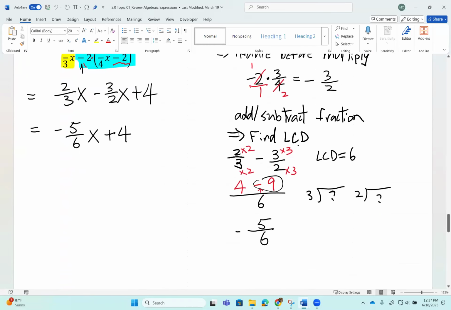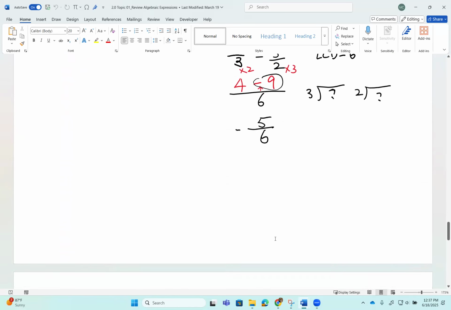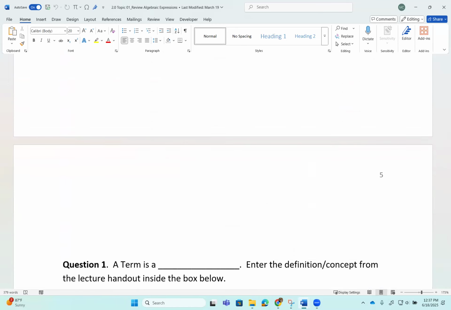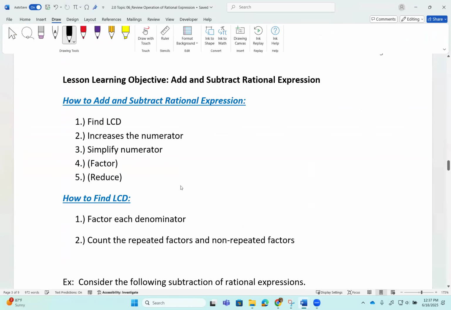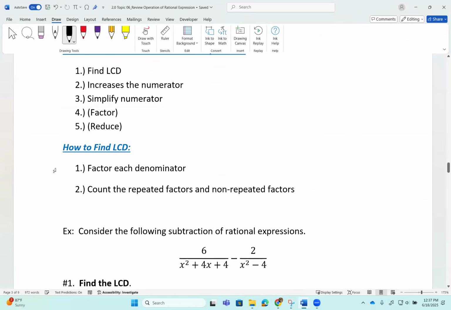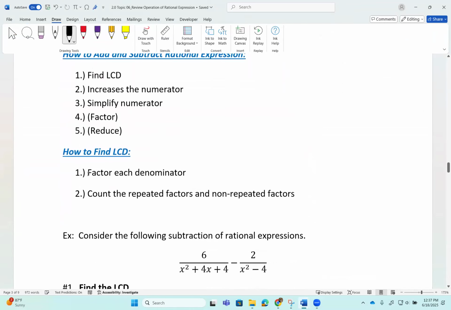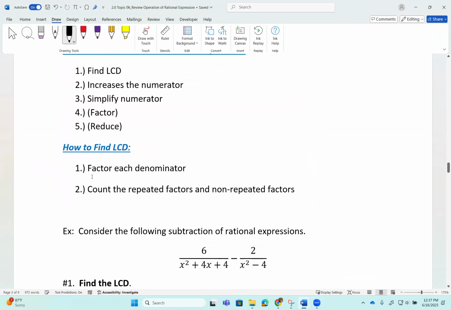When it comes to add and subtract, we've got to find the least common denominator. Most people just know it as the LCD, right? So here I'm going to show you how we can find the least common denominator. Before I can add and subtract, I've got to find the LCD.